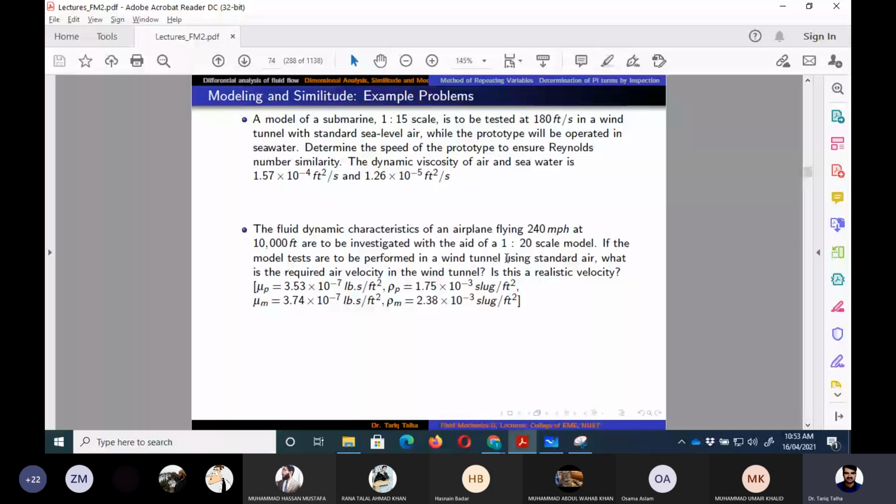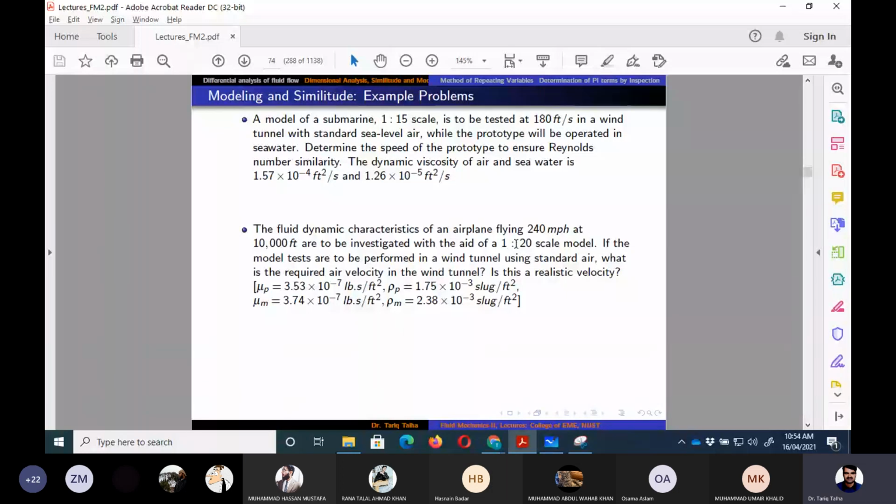So the purpose of this numerical was just to tell you that we cannot blindly do the scaling down. We need to make sure that the velocity which we are getting after the scaling down should be a realistic value which can be achieved by the apparatus in the lab, right? So either we do it by changing the fluid from air to water, or we can use less aggressive scaling down.